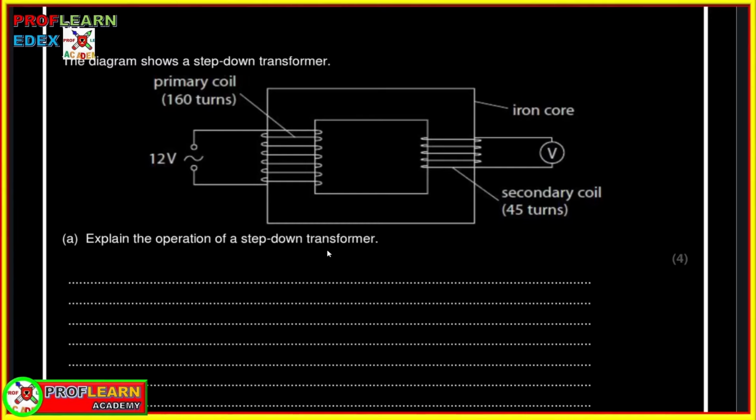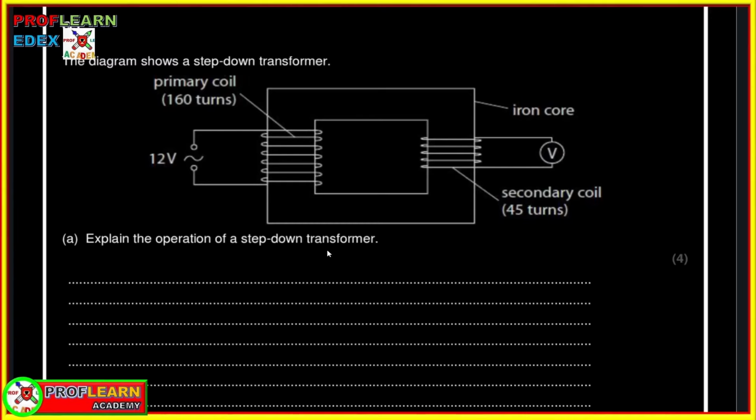And if you are asked how to increase the amount of voltage induced in the secondary coil, you can say you need to increase the number of turns in the secondary coil or increase the voltage in the primary coil.